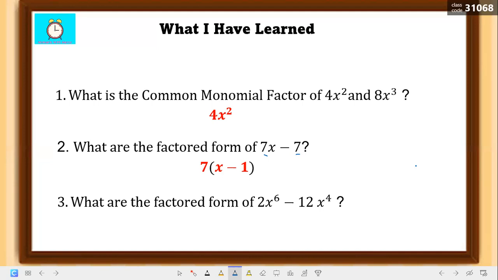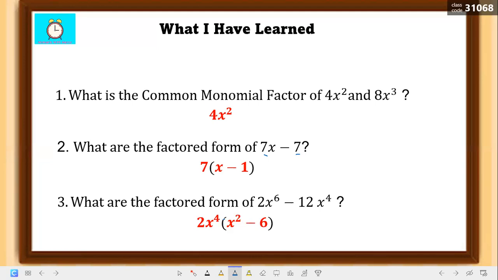Ano yung first term sa parenthesis? 2x squared po. X squared na po. Okay, then second term, minus 6 po. Okay, very good. So that is correct.